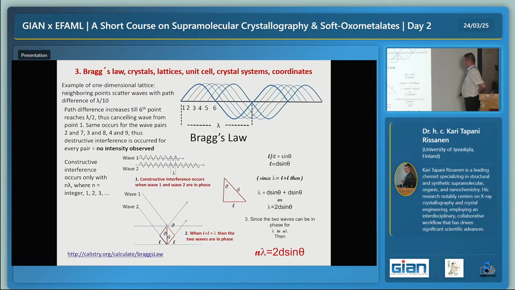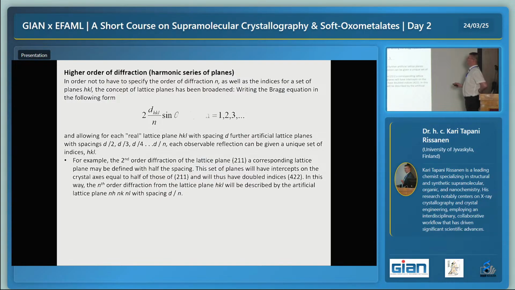So n lambda. Typically in our case, n is always 1. We are not so concerned about the higher order reflections, but that's the idea. We call it a harmonic series of planes in that sense. In principle, the same applies here. And now the d here is the distance between these, what we will later call planes, where the diffraction happens.